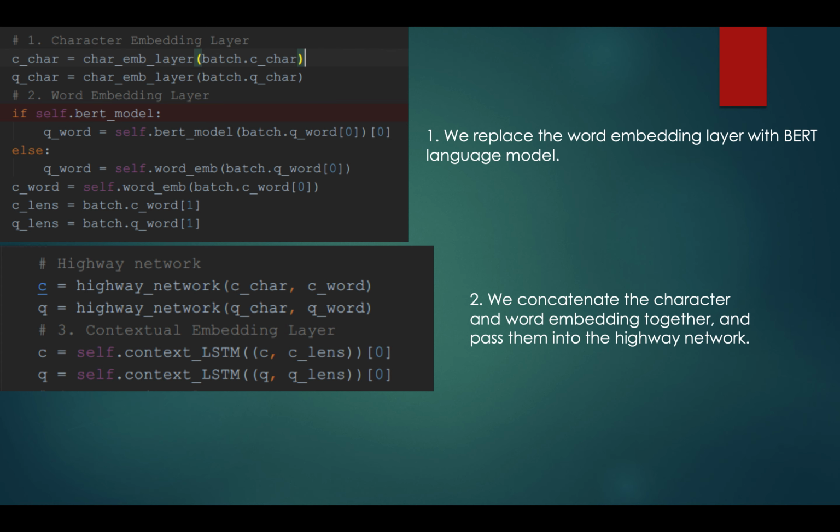So here comes my code to achieve the BiDAF model. First, you can see from the first picture that I replaced the word embedding layer with the BERT language model. In the second picture, I concatenated the character and word embeddings together and passed them into the highway network.